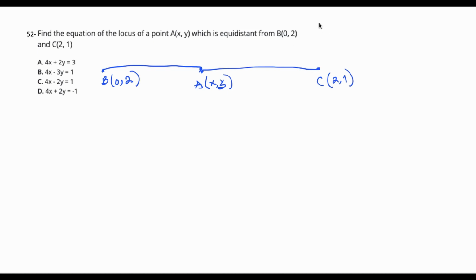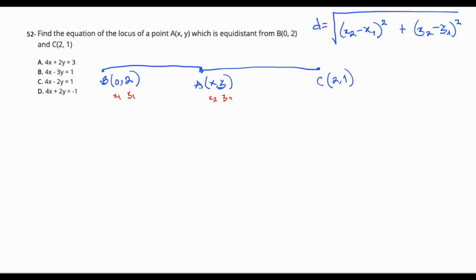Now the first thing we need to know is that if we have 2 points, to calculate the distance between those 2 points, the formula for that is the square root of x2 minus x1 squared plus y2 minus y1 squared. So first, let's try to calculate the distance between points B and A. For that, this is going to be our x1, this is going to be our y1, and this is going to be our x2, and this is going to be our y2.